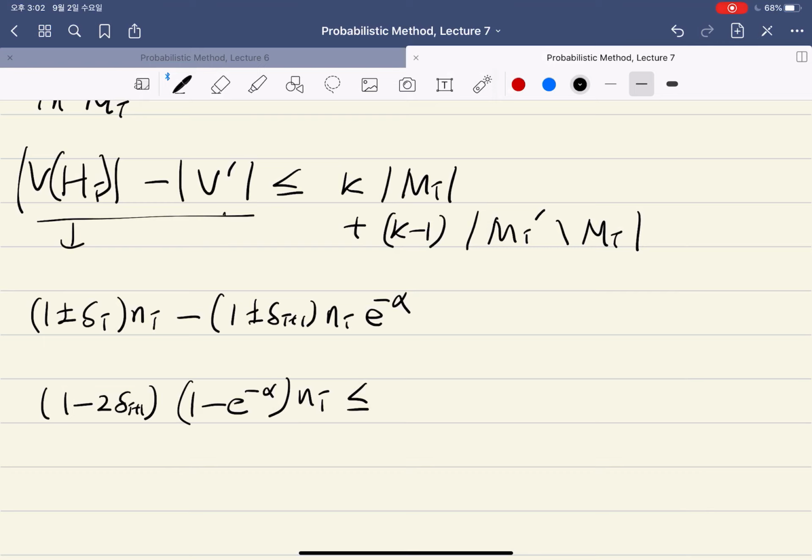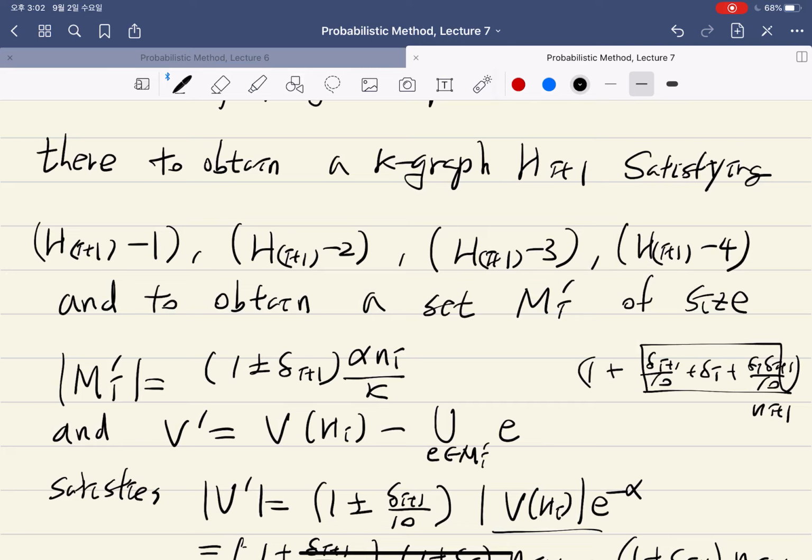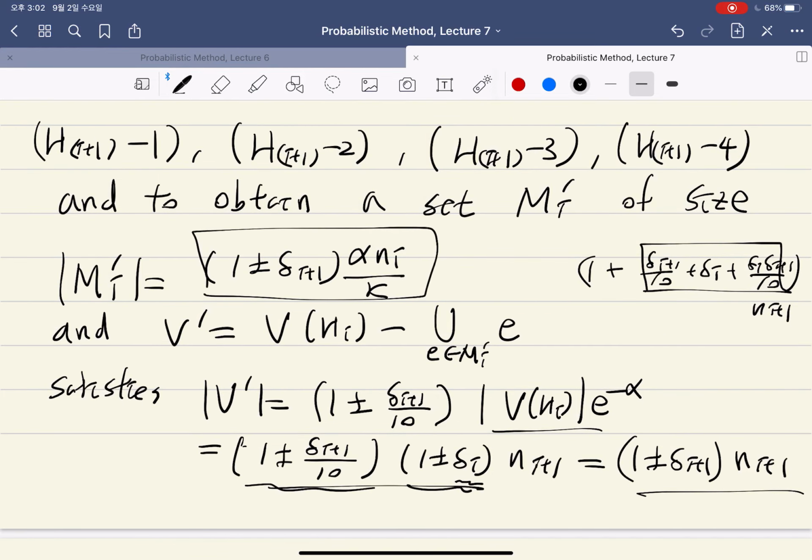And this upper bound part, so what is this part? We know that m prime I has this size.